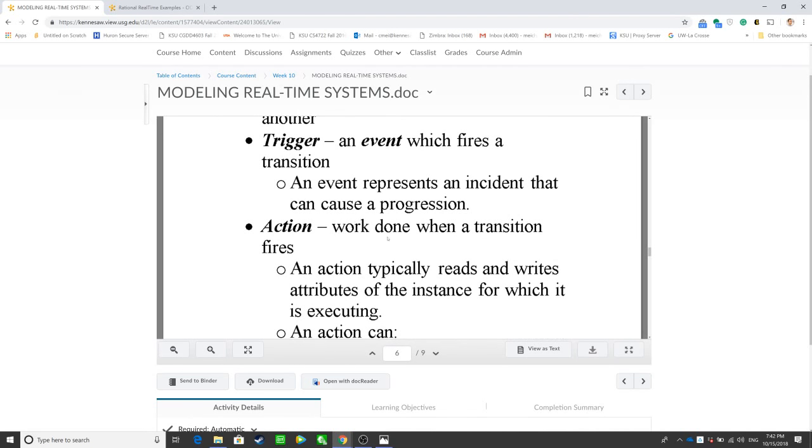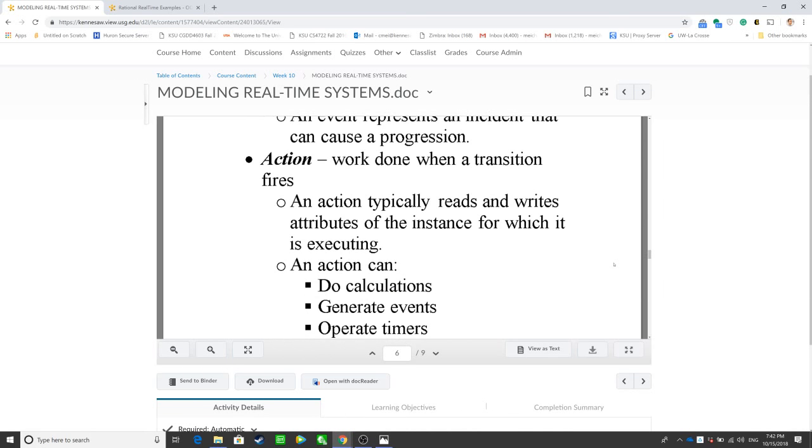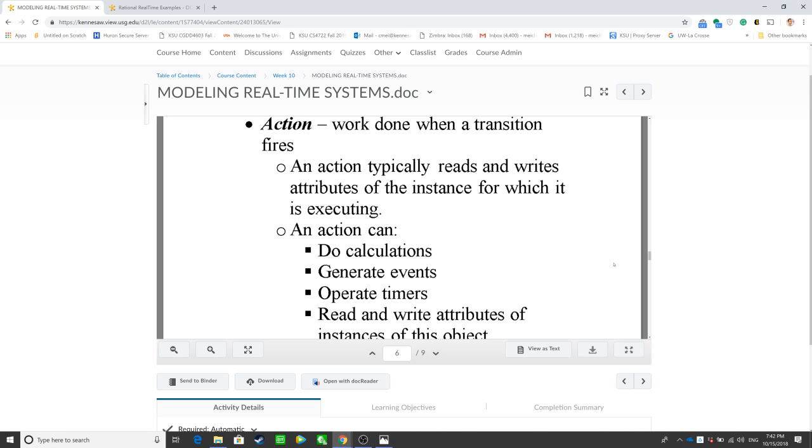And an action is the work done when a transition fires. An action typically reads and writes attributes of the instance for which it is executing. Examples are doing calculations, generating events, operating timers, reading and writing attributes, like what I mentioned. The state depends on the value of the attributes.